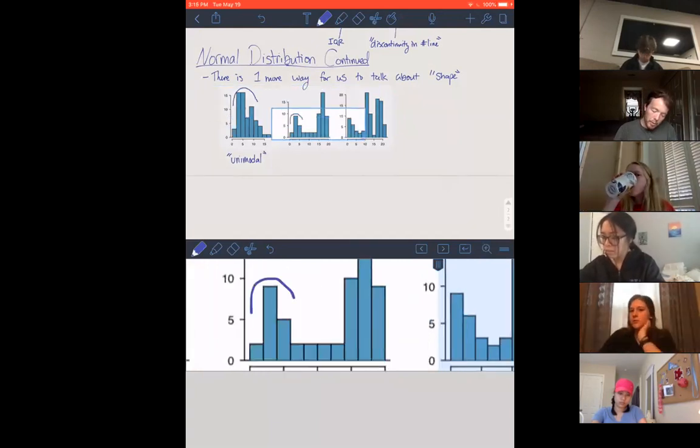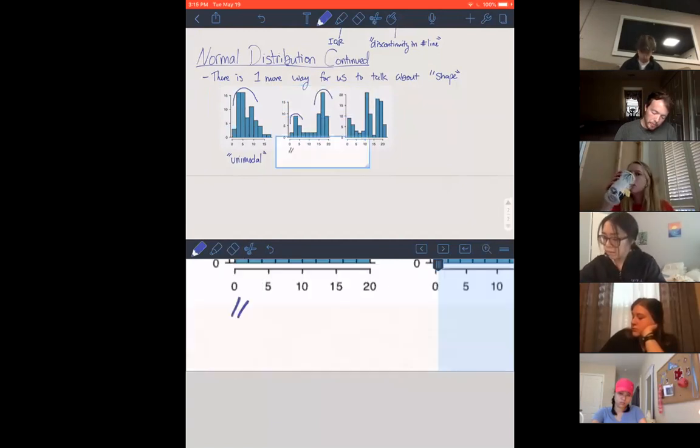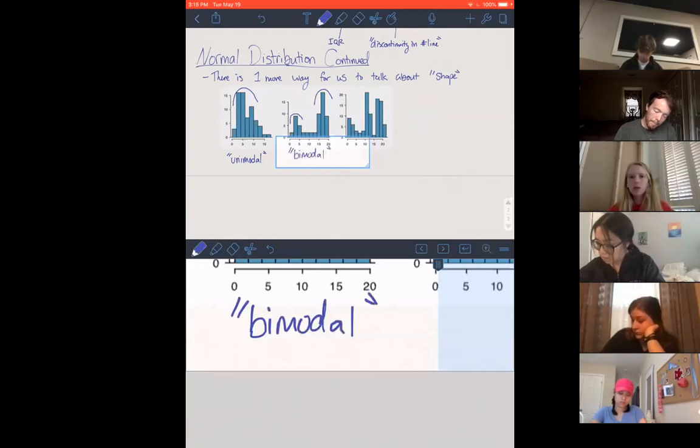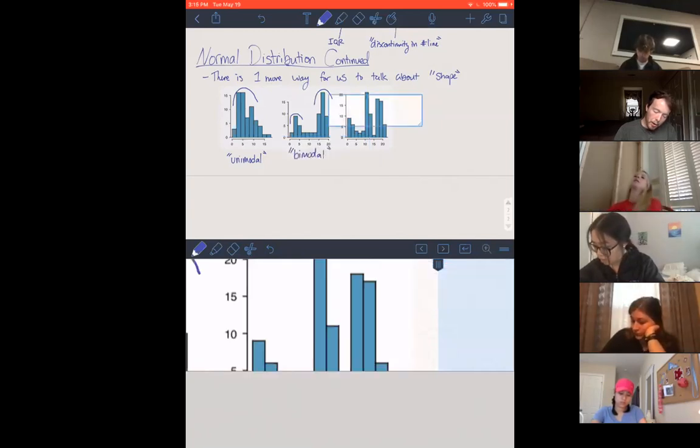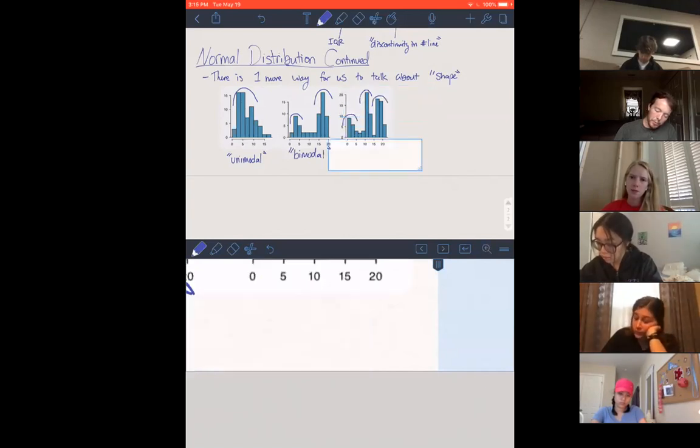In this case, we would call it bimodal, since there seem to be two peaks. And in this case, you could argue, or at least I think, that there are actually kind of like three peaks here, but we wouldn't go to trimodal. Above bimodal, we'll just call this multimodal.